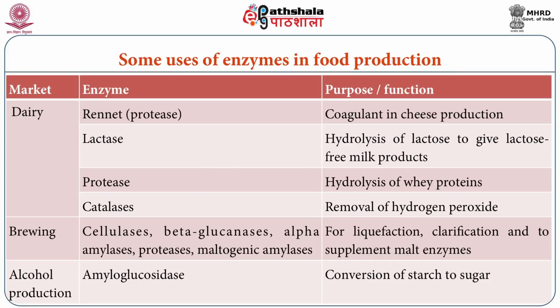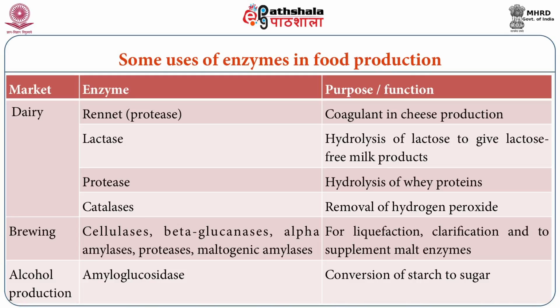Lactase is used for hydrolysis of lactose to give lactose free milk products, especially for those who are intolerant to lactose and cannot drink milk because of the presence of lactose. Proteases are also sometimes used for hydrolysis of whey proteins where we need hydrolyzed whey proteins. Even catalases are used.